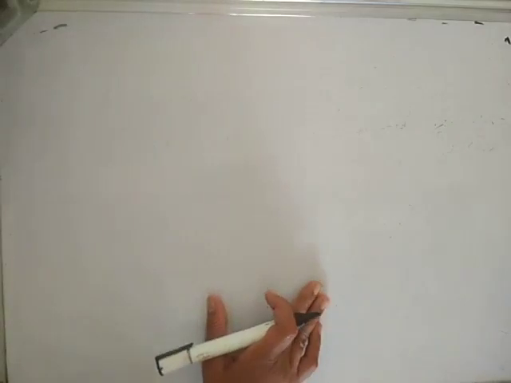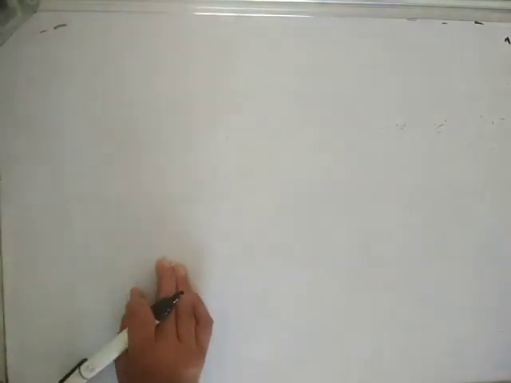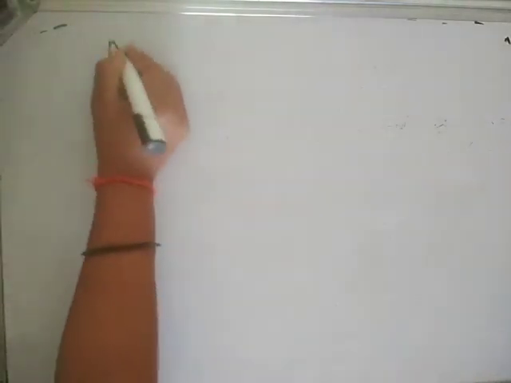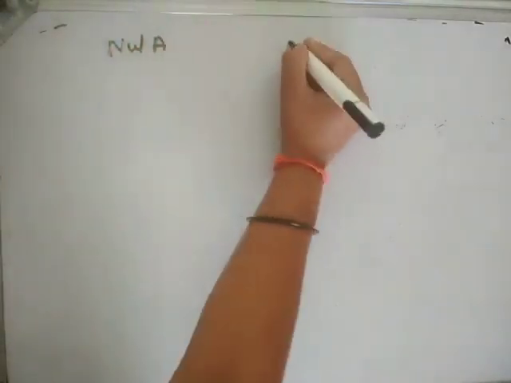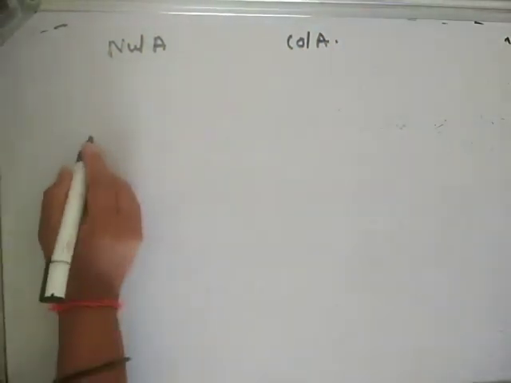I will take here one table which describes the contrast between null space of A and column space of A. Null space of A is what?